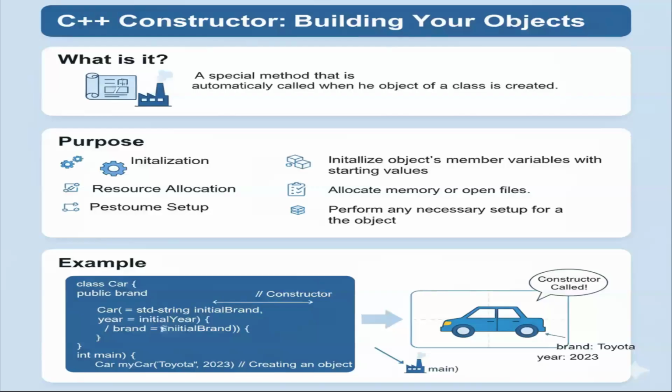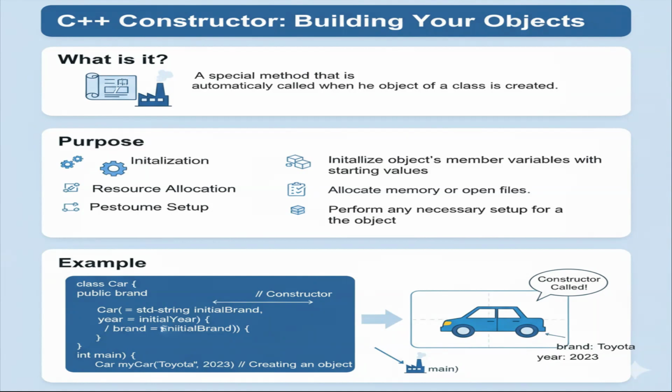A constructor in C++ is a special function that runs automatically whenever we create an object from a class. Its main purpose is to initialize the object's data, giving it starting values right at the moment of creation. Think of it like preparing a new car before it leaves the factory, setting its color, engine type, and model before it's ready to drive.